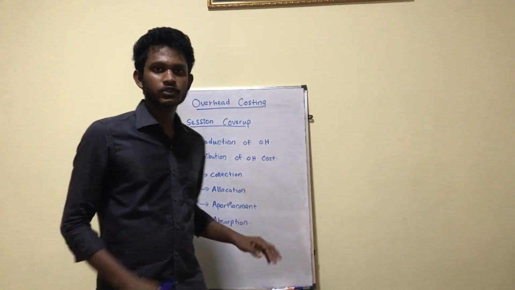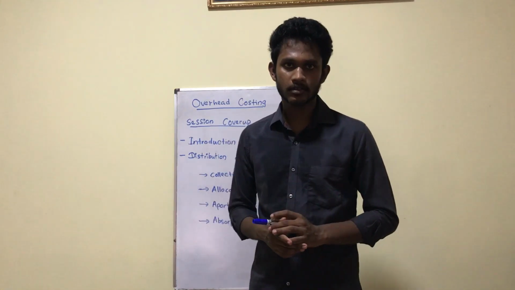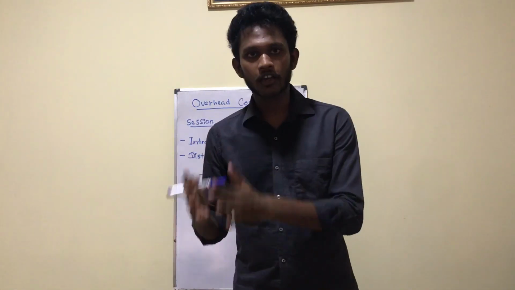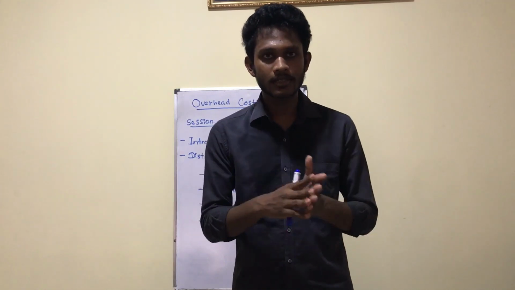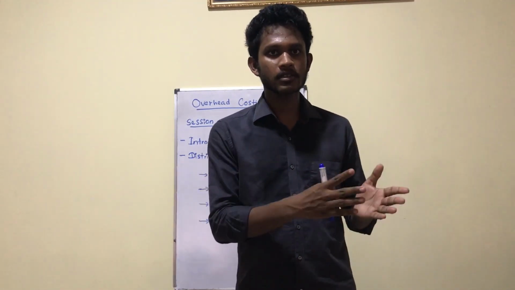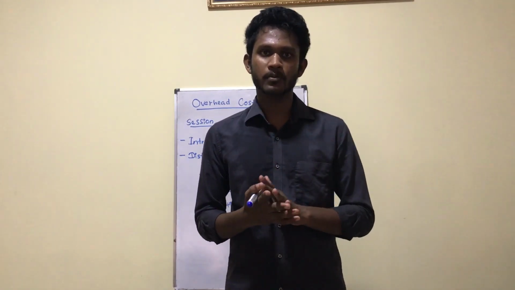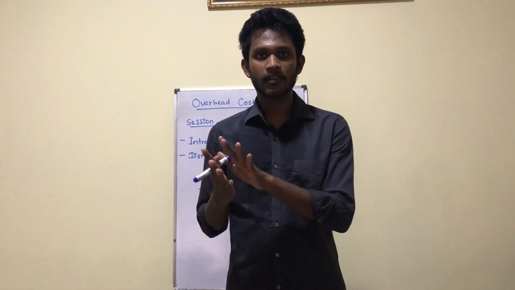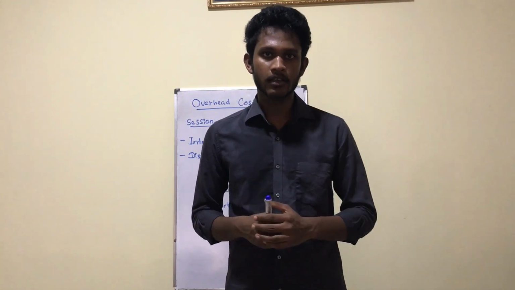This apportionment is actually composed of two steps. The first one we have already discussed, and the second one is reapportionment of service centers expenses, service centers overhead expenses among the production centers. So it's like this. When it comes to a manufacturing company, there may be several service centers, like warehouse and the maintenance centers.